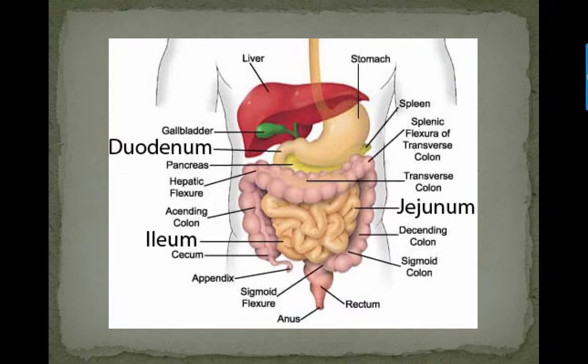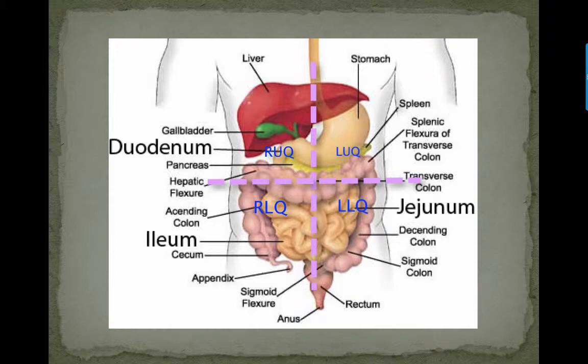A lot of times with our nursing assessments, we tend to focus on different parts of the abdomen. So as we're auscultating bowel sounds around the abdomen, as we're palpating lightly around the abdomen, as we're percussing around the abdomen.